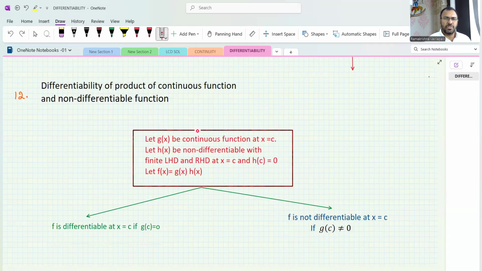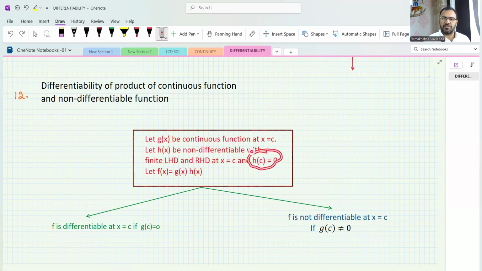Suppose g is a continuous function at x equal to c. Let h be a non-differentiable function with a finite LHD and RHD at x equal to c, with h of c equal to 0.